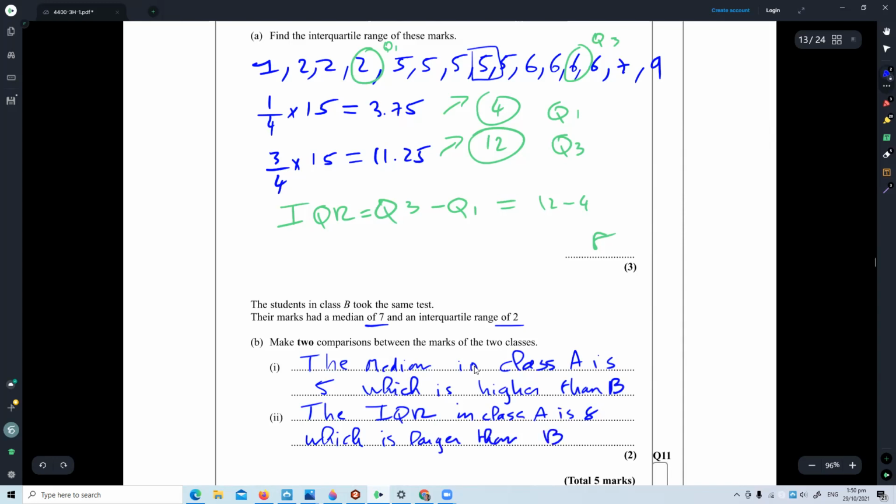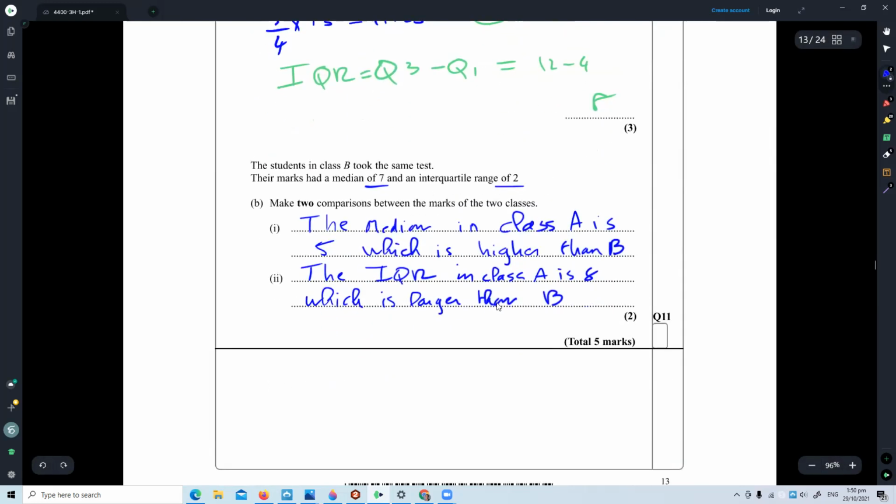So what does that indicate? It indicates that the values are more spread out in class A than in class B. So this indicates a larger spread in class A. So if you like, the marks in class B are more bunched up together. So a larger spread, because the interquartile range is a measure of spread in class A.